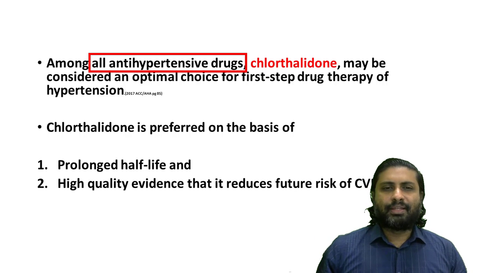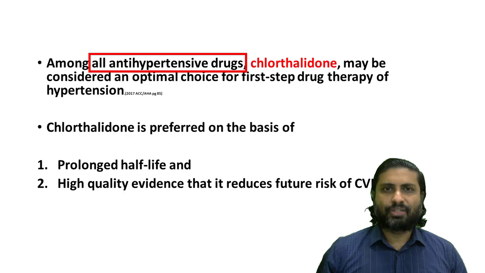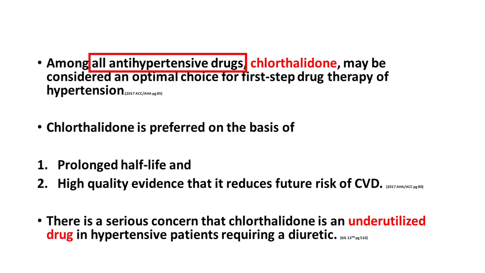Secondly, the high quality evidence that supports the view that chlorthalidone reduces the risk of future cardiovascular disease as a result of hypertension is very, very high. There is a large body of evidence that supports this claim. Due to these reasons, chlorthalidone is considered the optimal choice for first step drug therapy in the treatment of hypertension.